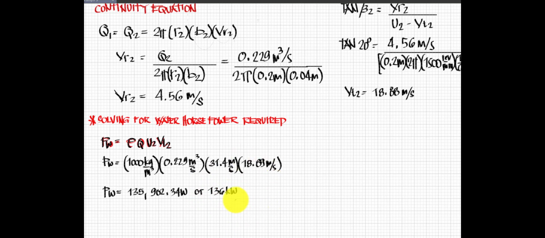So if we want to convert it into horsepower, we shall divide this by 0.746 kilowatt per 1 horsepower. Finally, we have the water horsepower of 182.3 HP. Okay.